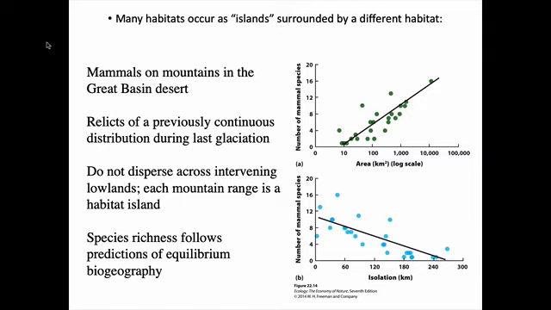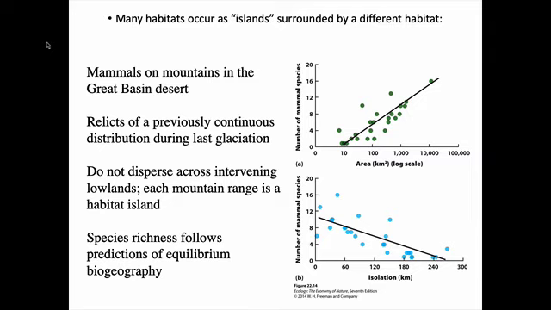So mammals in particular have a hard time getting across those desert stretches, and they are basically isolated on those mountain ranges from the last interglacial, the last glaciation, which changed the habitat in the Great Basin from sort of desert in the low areas to kind of tundra in the low areas.